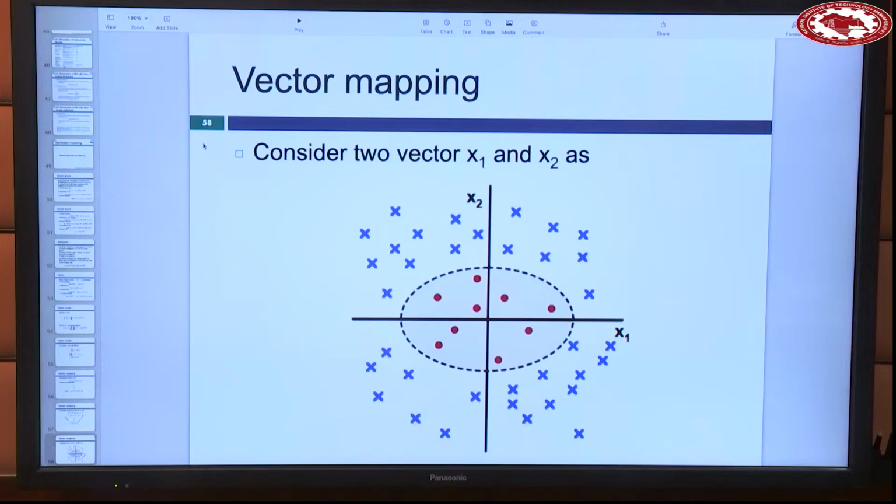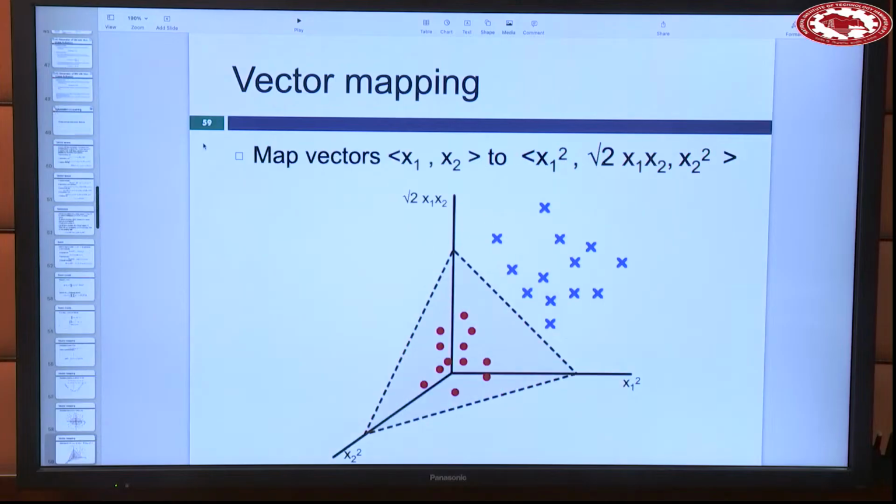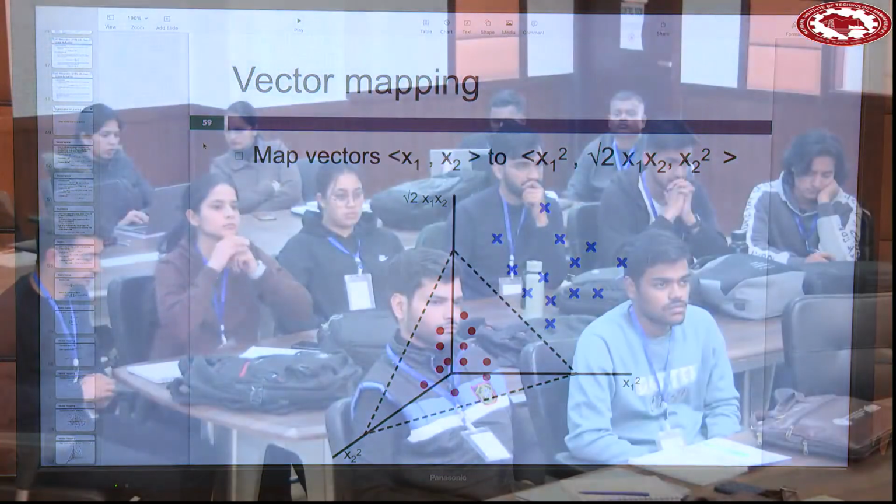From 2D we add one more dimension, and that dimension value is x1 times x2. So the first feature is x1 square, the second dimension is the multiplication of the original two features, and the third is the square of the second feature. If you do it, you can see there exists a linear plane in 3D which correctly separates these two groups.